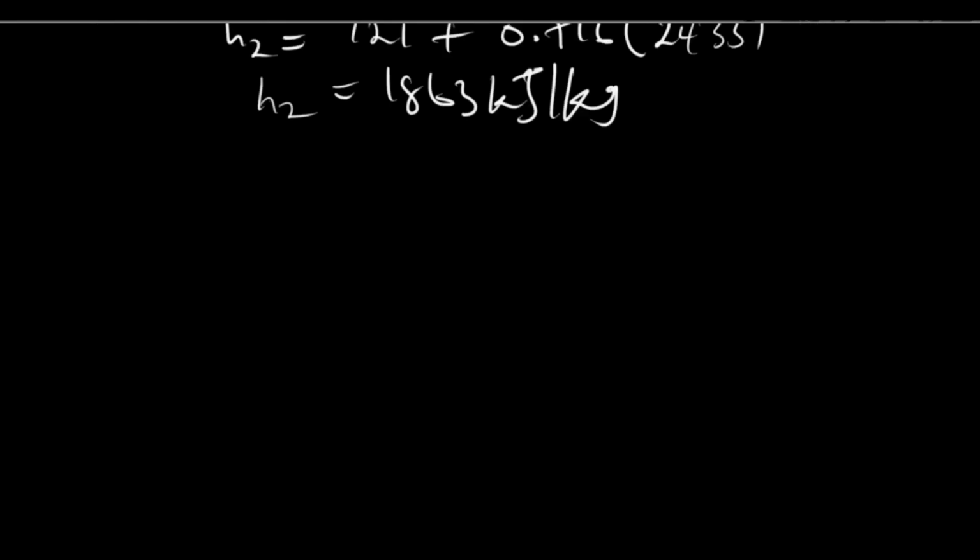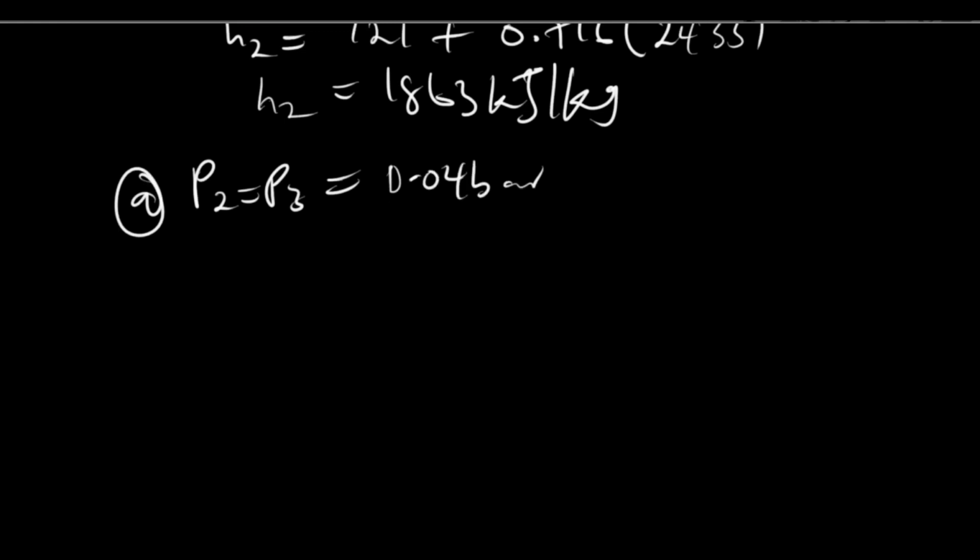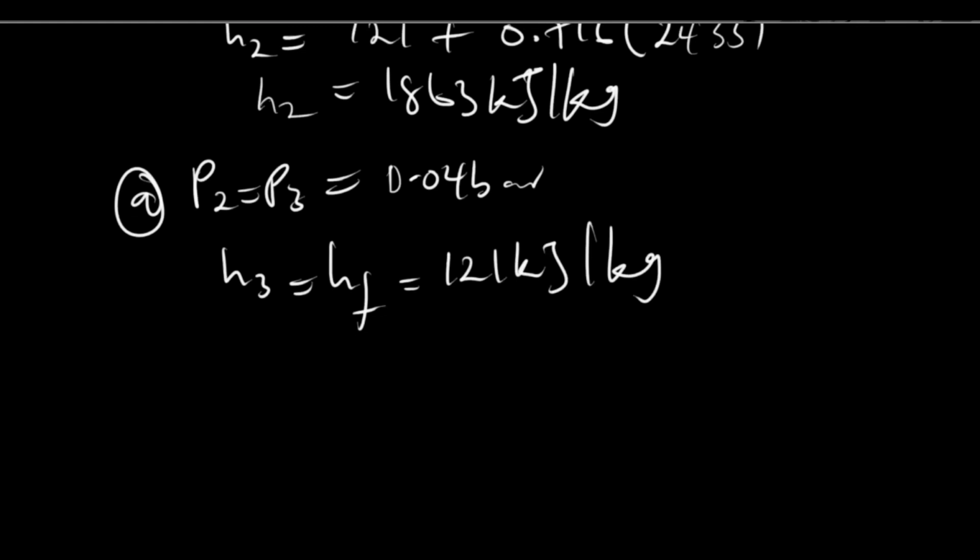Look for what? HF. So at P2 equal to P3, P equals 0.04. H3 is equal to HF, which is equal to what? 121 kilojoules per kilogram. Okay.